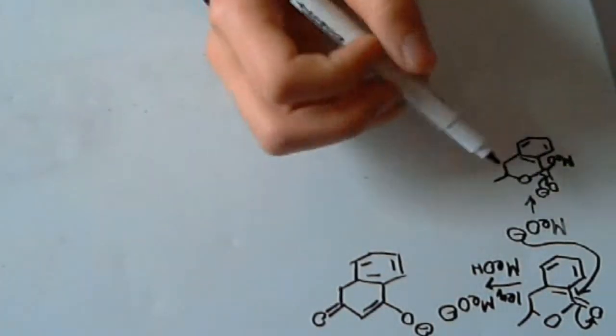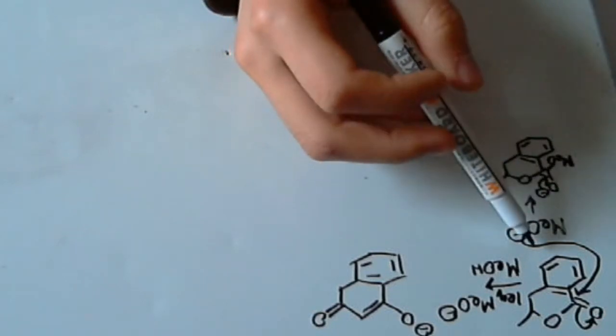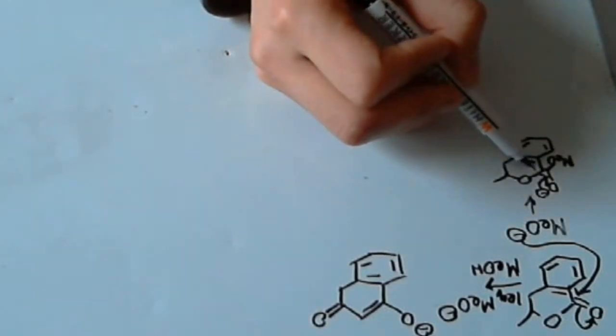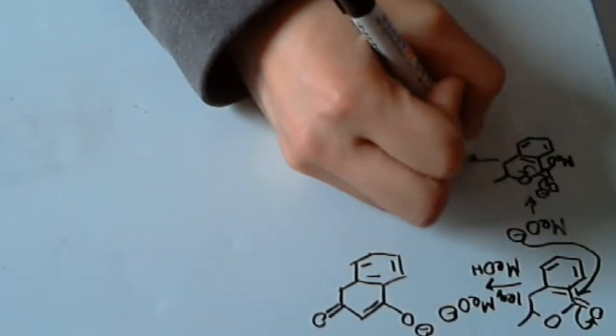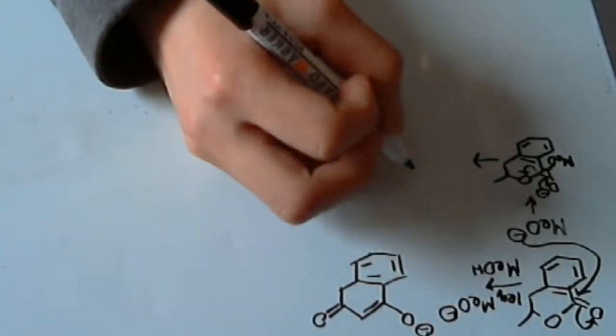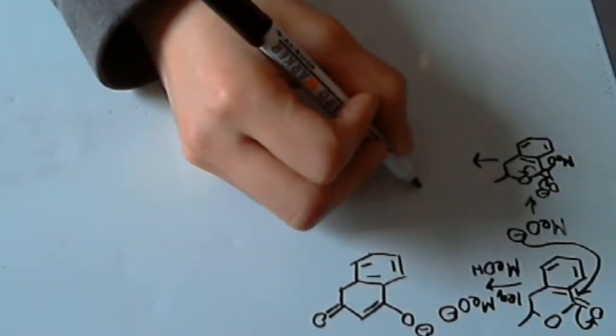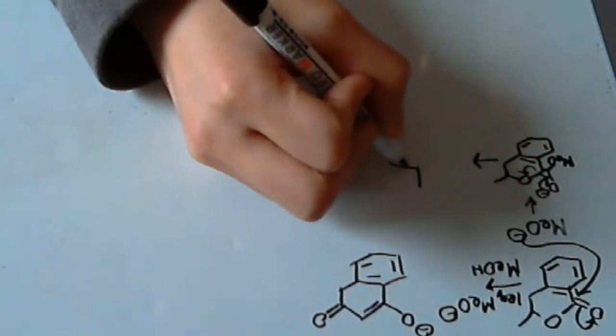What happens when we kick out the methoxide group? Well, we're just going backwards. So the only choice really is this oxygen right here. So that oxygen gets kicked out. We'll draw the next structure.